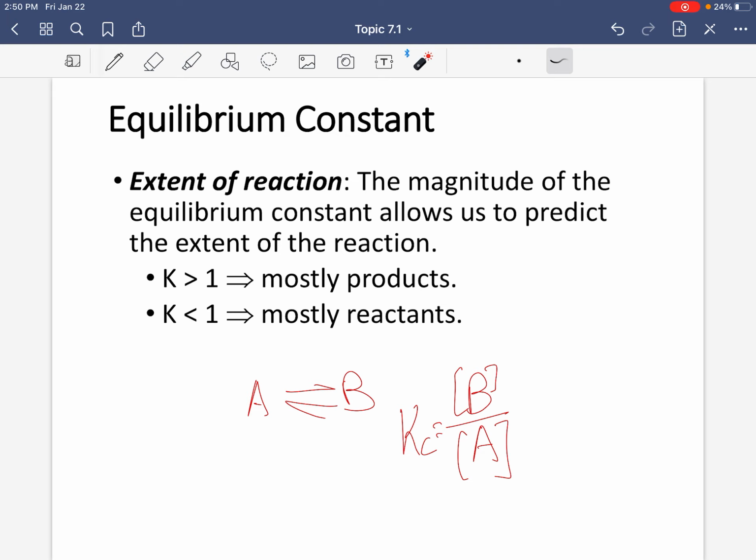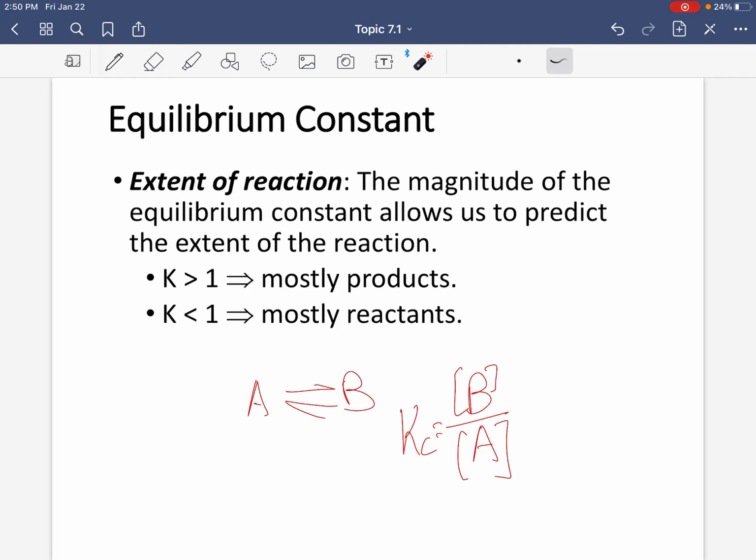So it's crazy to see some of these K values in our CRC handbook. Some reactions just dominate as a product. Some reactions dominate as a reactant. It still forms products, oh yeah, it still forms products.